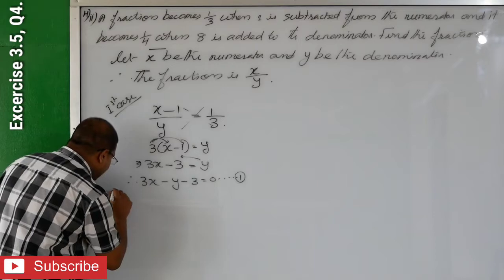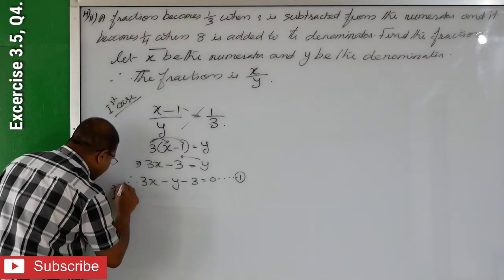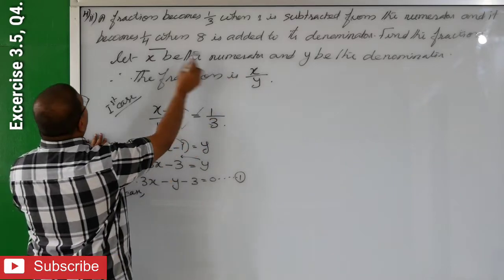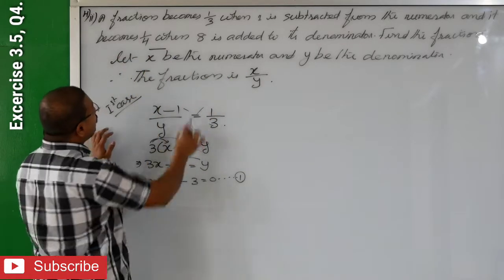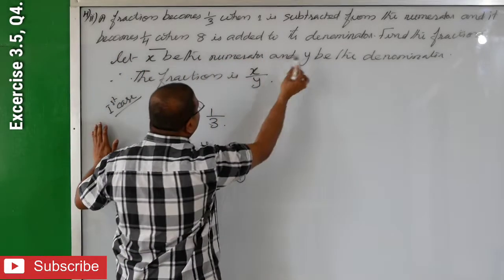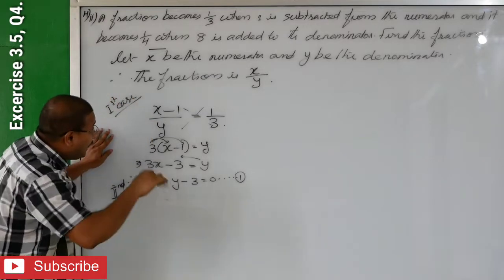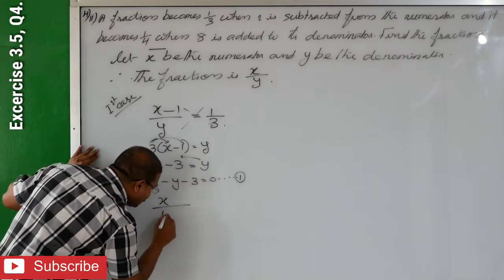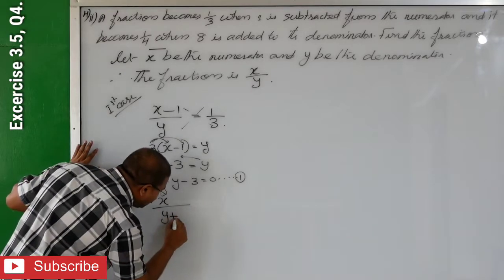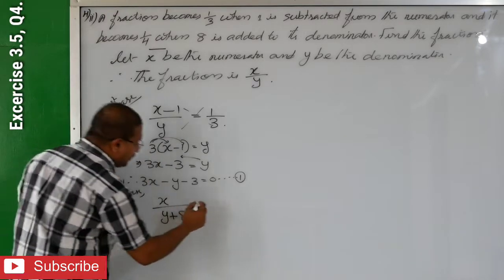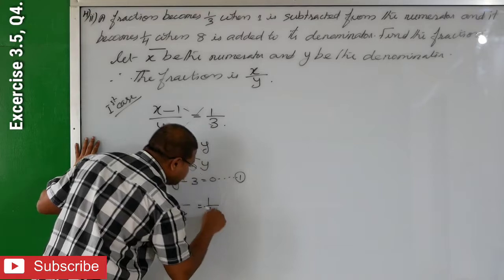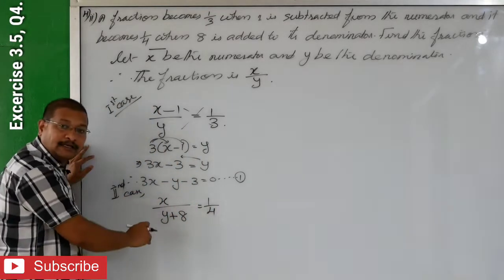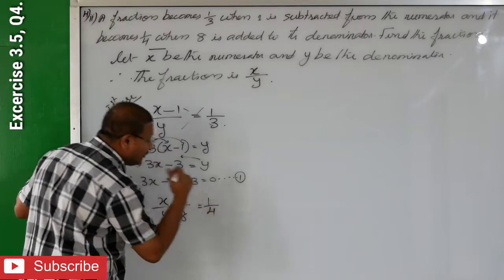Ready? Now second case. Second case, you check it. What is the second case? And it becomes 1 by 4 when 8 is added to the denominator. When you add 8 to the denominator, x by y is the fraction, it becomes 1 by 4.